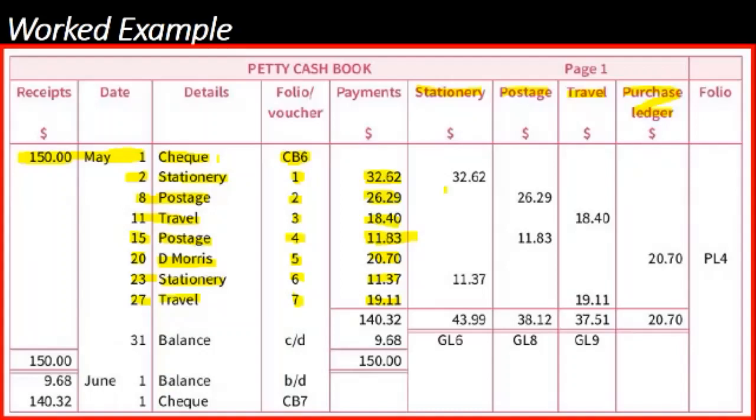So we come to the first one and see it's a stationery. We'll put it in the stationery column. Okay, then we go to postage and we put it in the postage column. Travel, we put it into the travel column. Again, we have postage, we put it into the postage column.